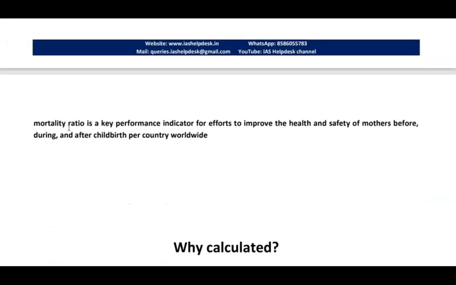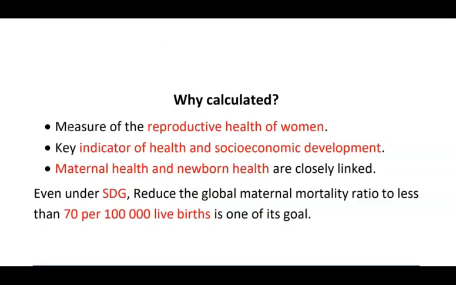Okay, now let's move on to why maternal mortality ratio is calculated. It is important to know the reproductive health of women in our country. Also, the maternal mortality ratio is a key indicator of health and socio-economic development. And maternal health and newborn health are closely linked.